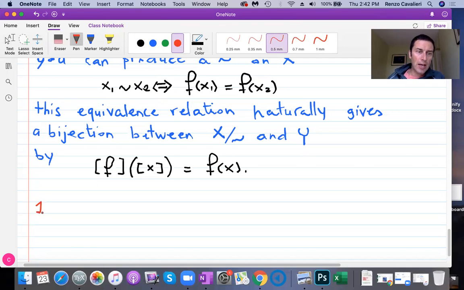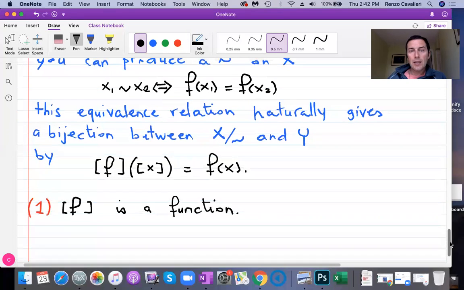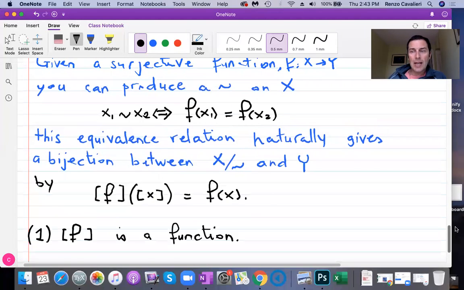So the first thing to check is that f is a function. Okay. But what does it mean to check that f is a function? Well, if you have one input, you have to have exactly one output.